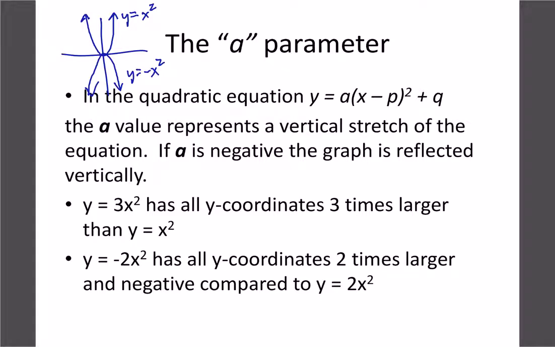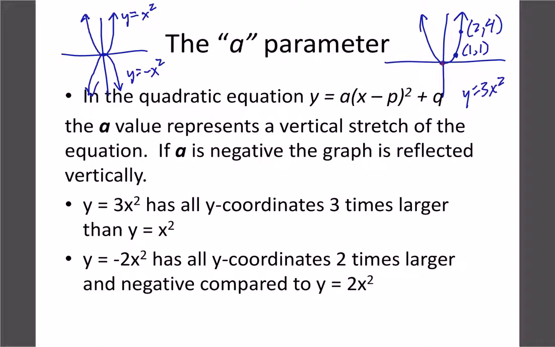Then if we put a number in front, like 2 or 3 or whatever, what that's going to do is multiply the y coordinate by that amount. So once again, if we look at y equals x squared, we know the coordinates were (0, 0), (1, 1), (2, 4), and so on. If I gave you y equals 3x squared, what we're going to do is multiply those y coordinates by 3.